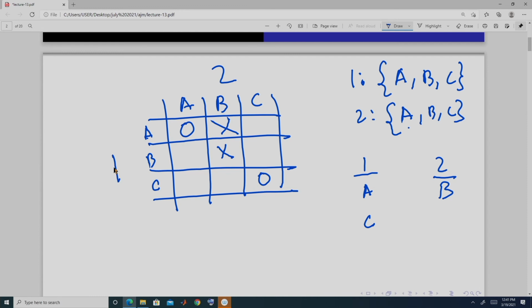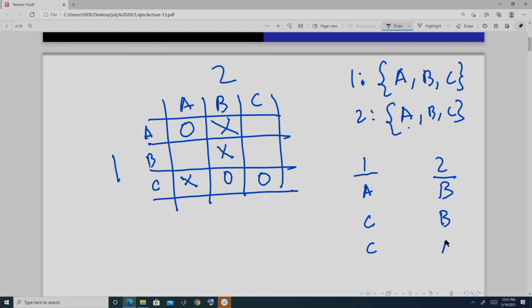Now, see, player 1 will always choose this position, because if player 1 leaves this, then player 2 will place here and make a line. Next, player 2 is going to move. If it leaves this, then what is going to happen? Player 1 will choose this and win the game. So, player 2 will always choose this.